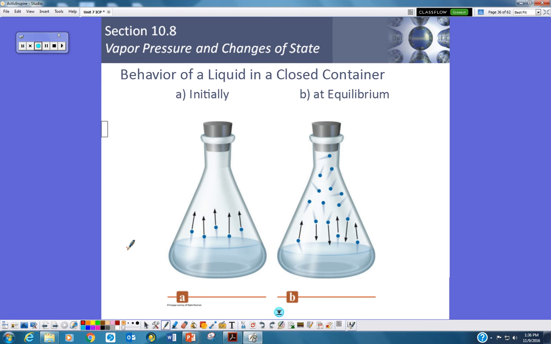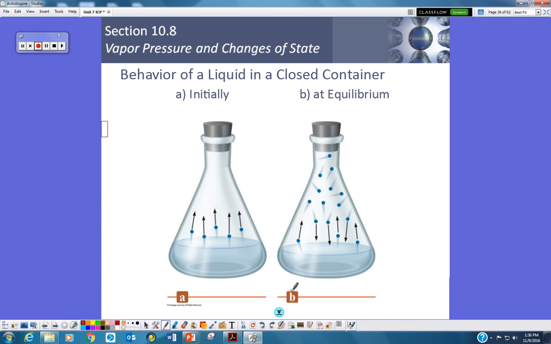All right, moving on. Looking at these two containers, one of the things that we have to realize is when we put a liquid in a container and seal it off, it doesn't automatically go to its equilibrium vapor pressure. So when we first put it in there, there's not very much pressure.